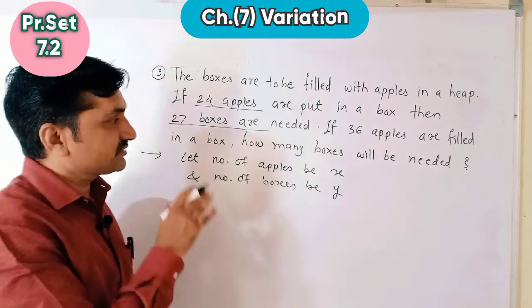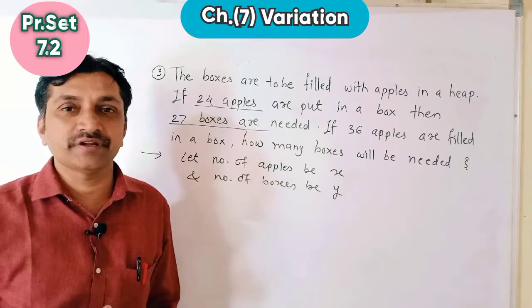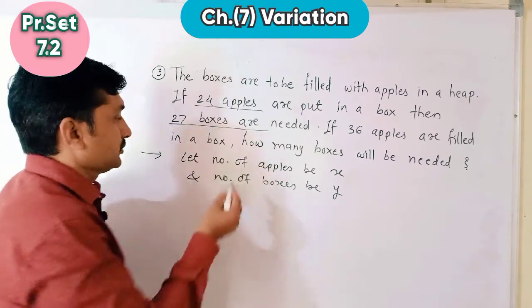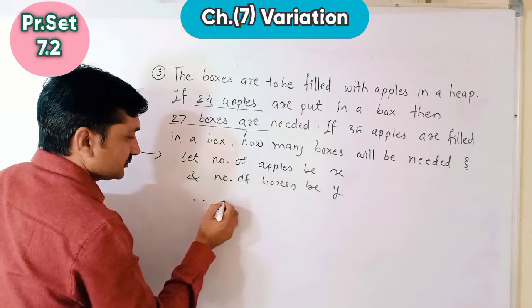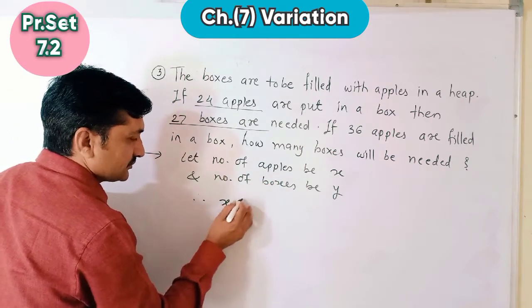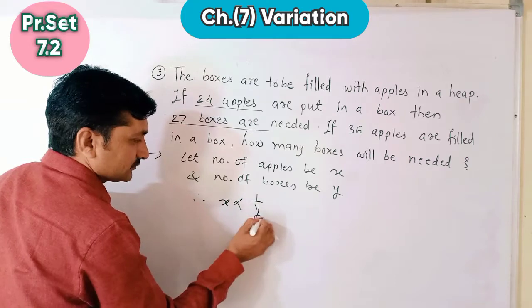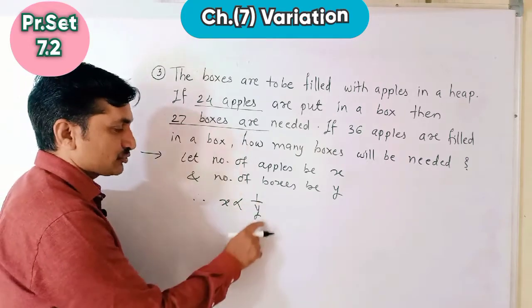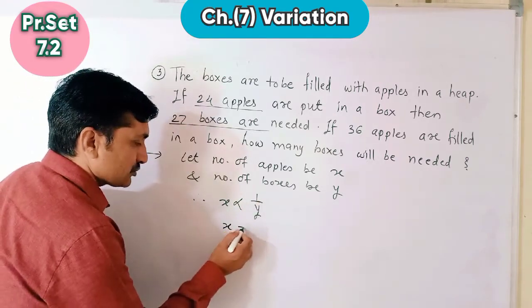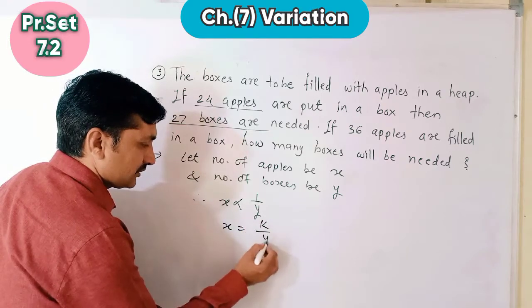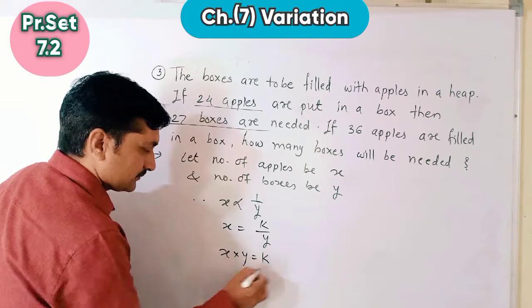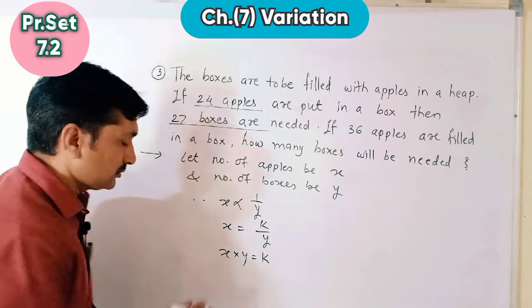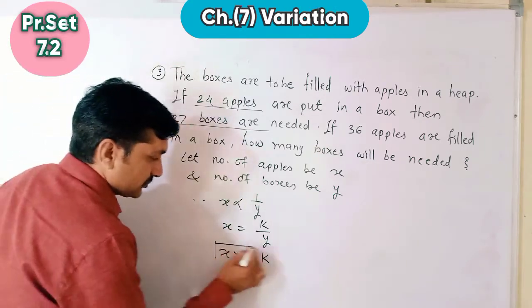Now this example is of inverse variation. Inverse variation we can write as x is inversely proportional to y. Write in equation form: x is equal to k upon y. X multiplied by y is equal to k. Okay, this is the equation.